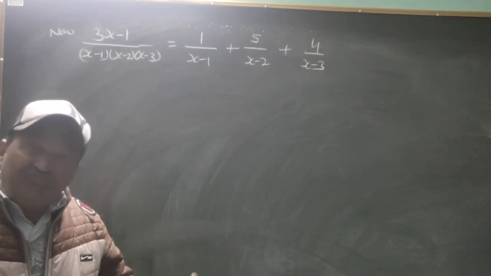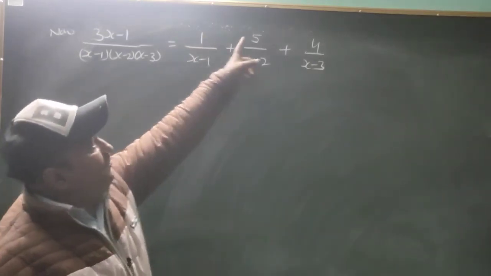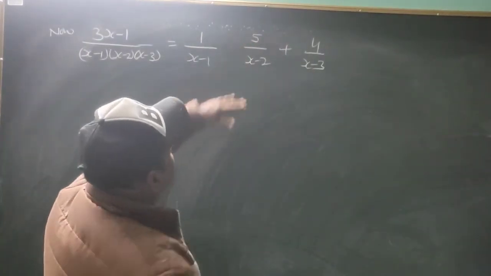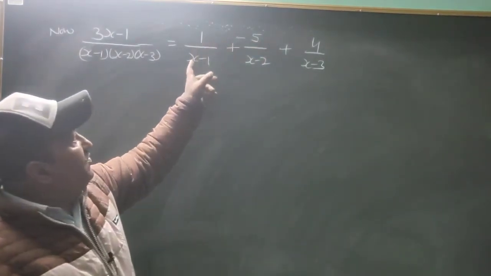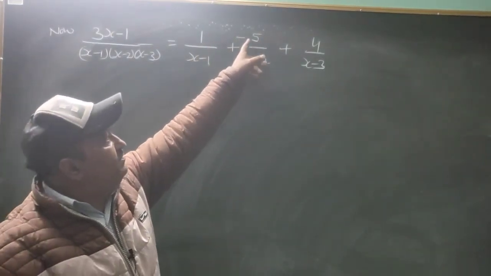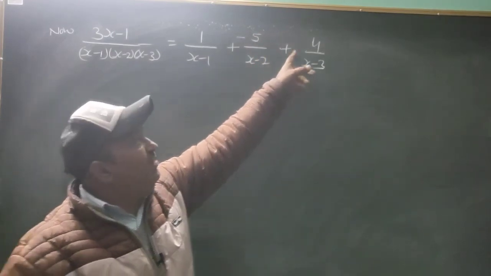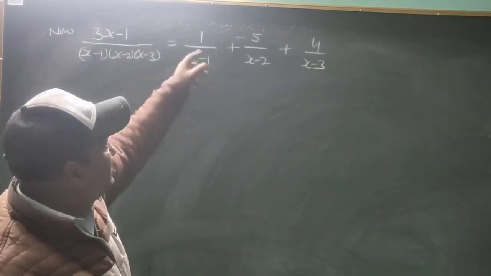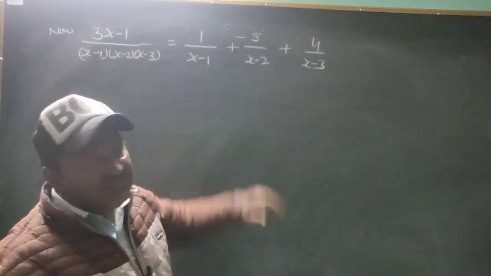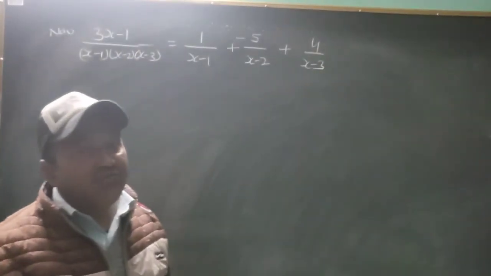Now after putting the values of A, B and C, we get 1 upon x minus 1 plus minus 5 upon x minus 2 plus 4 upon x minus 3, because the value of A is 1, the value of B is minus 5 and the value of C is 4.